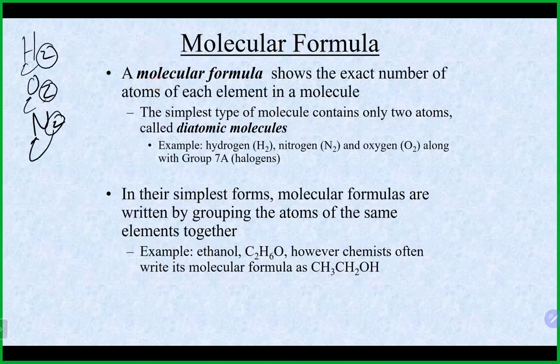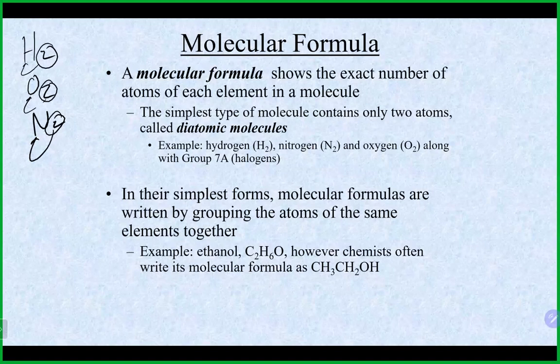In their simplest form, molecular formulas are written by grouping atoms of the same element together. Although molecular formulas do tell you exactly what is present, sometimes they don't give you a lot of information about how things are attached. The basics are just the elements there and how many of each one.